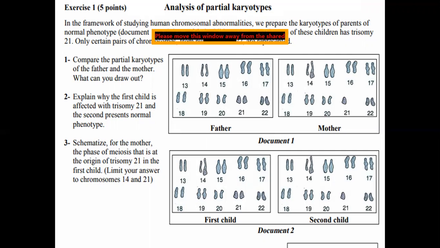Moving to question 3, you have to schematize, for the mother, the phase of meiosis at the origin of trisomy 21. So we have an abnormality at the level of anaphase 1 in the female.